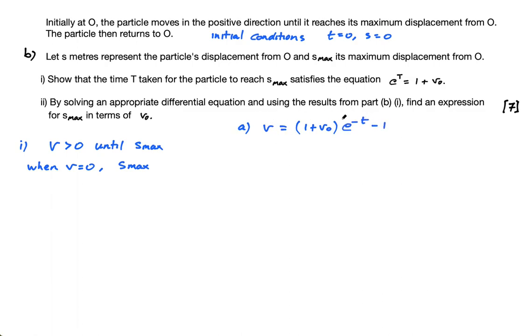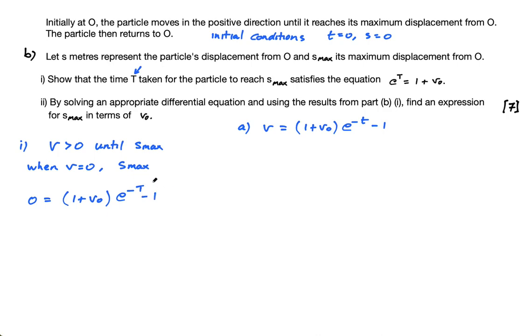I'm just going to sub in 0 for V, and for t, I'm going to sub in capital T, because it says the time taken capital T to reach S max. So 0 equals 1 plus V0 e to the negative capital T, minus 1. That's fine. The V0 is in the solution here.